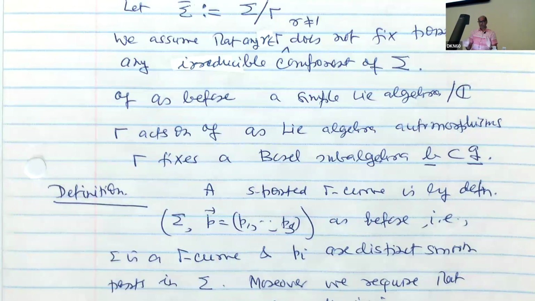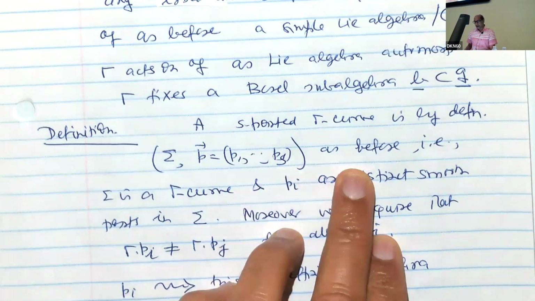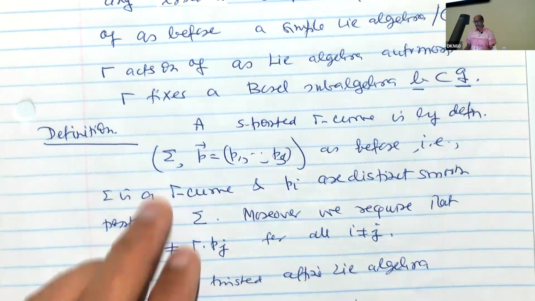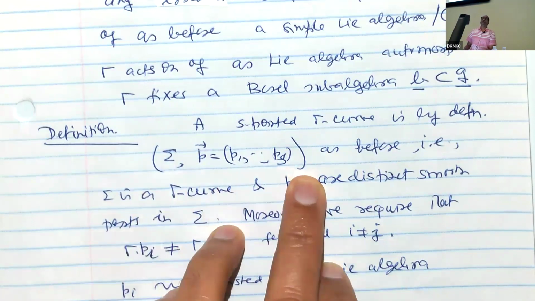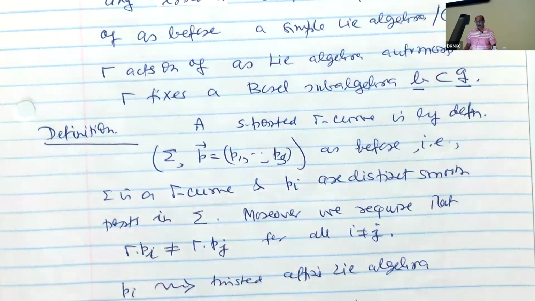So that's the second ingredient. Okay. By an S-pointed gamma curve, meaning a curve with the action of gamma, I mean, by definition, as earlier, sigma with points P1 through PS, where the Pi are smooth points like before. They are distinct, but not only are they distinct, their gamma orbits are distinct. Now I'm going to assume that their gamma orbits are distinct.